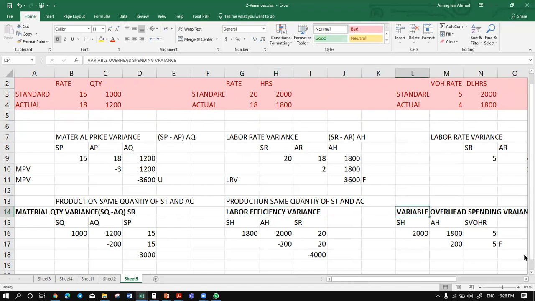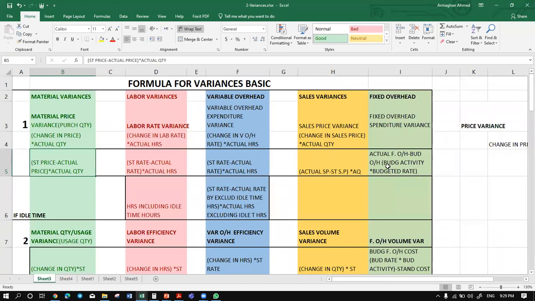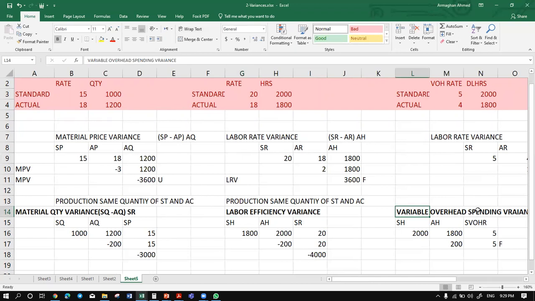And for variable overhead, we call it volume variance, or variable overhead efficiency variance. So we will calculate labor efficiency and variable overhead efficiency variance. This is what we discussed.